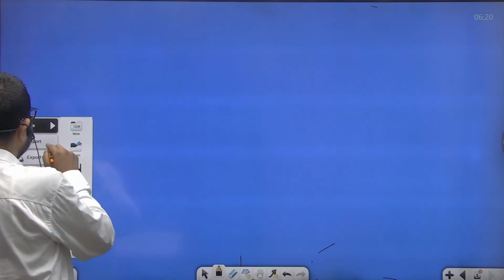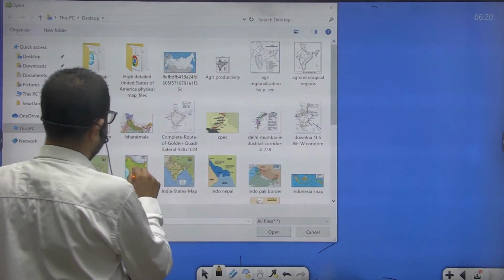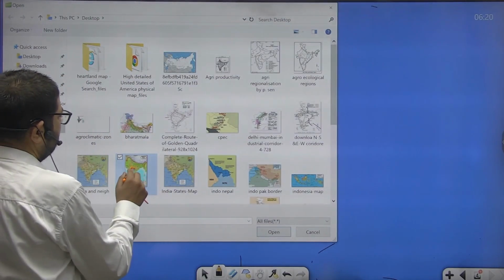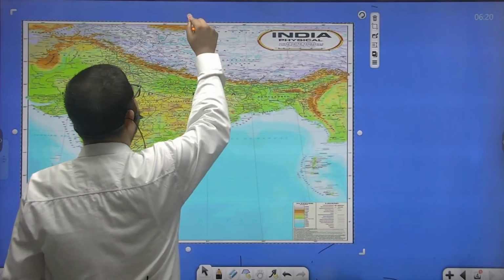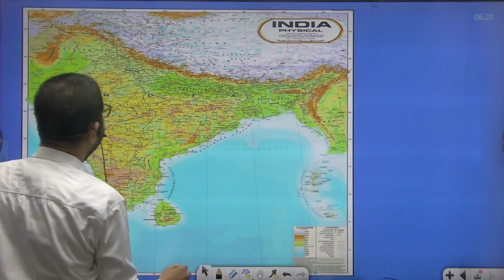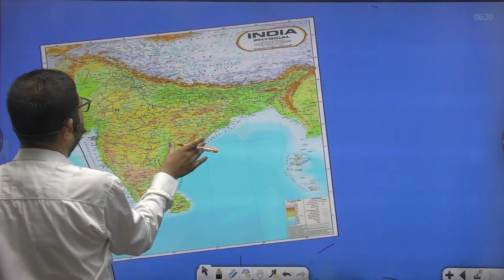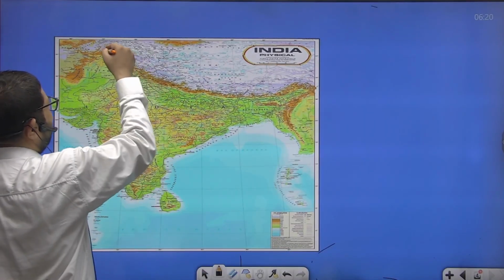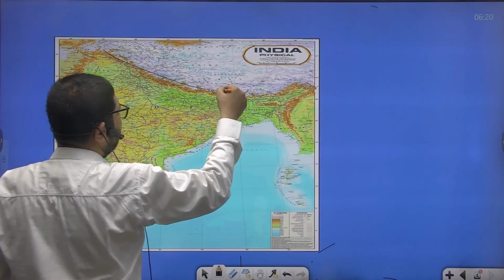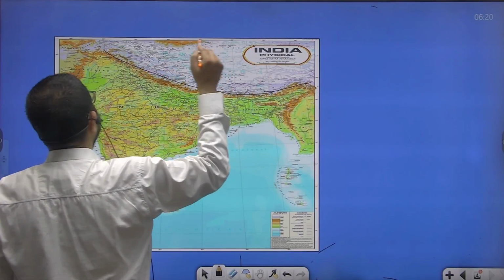Indian subcontinent को देखो तो geographically you can see it is in north, Himalayas separated from rest of the Asia.